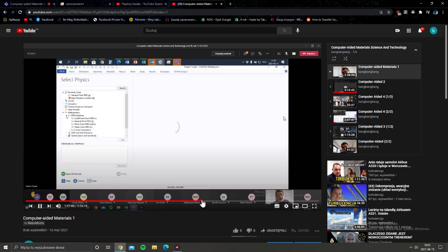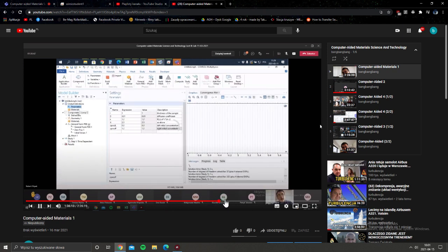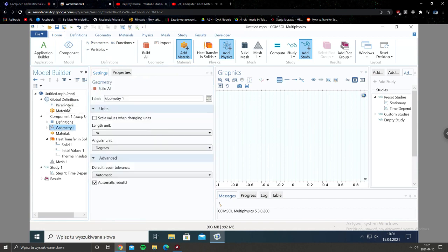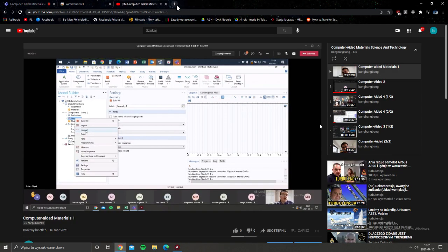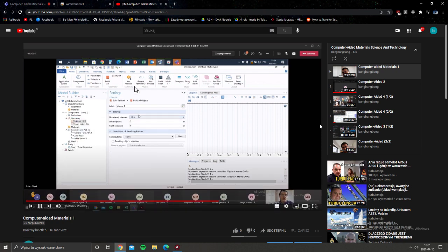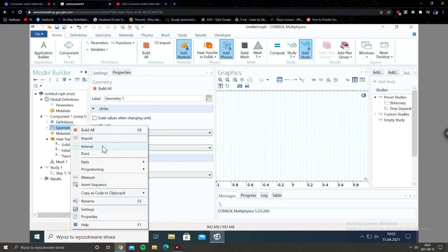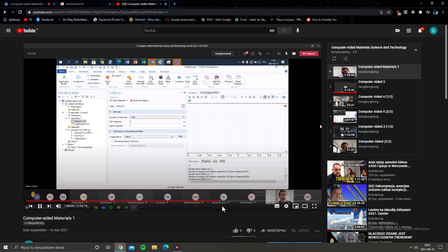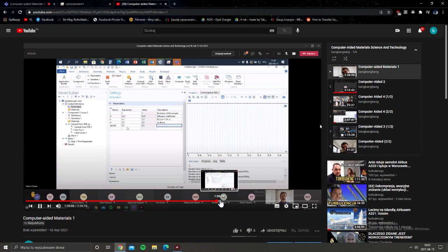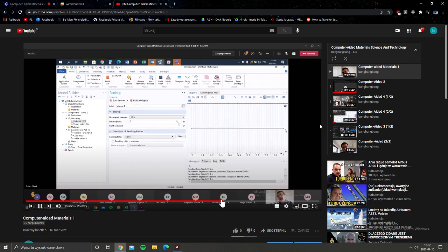You have this, and this is called next. And the next step will be the definition of the geometry. So we go to geometry here, right click, and choose interval. And you can see that, okay, and the description is just, I would say, left L. So this is why we changed this number of intervals to many, and now provide those points. 0 is the first one, L/2 is the second one, and L is the third one.